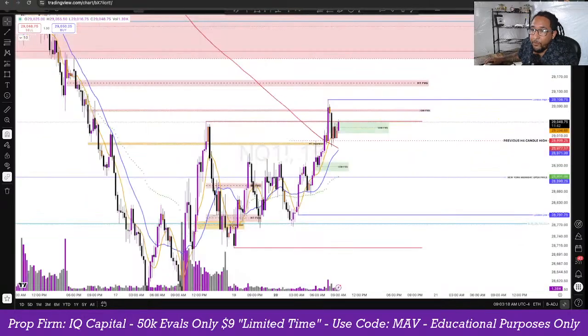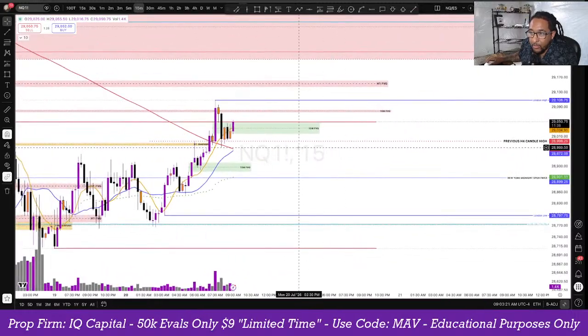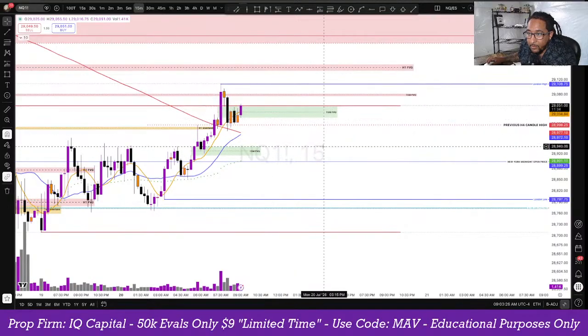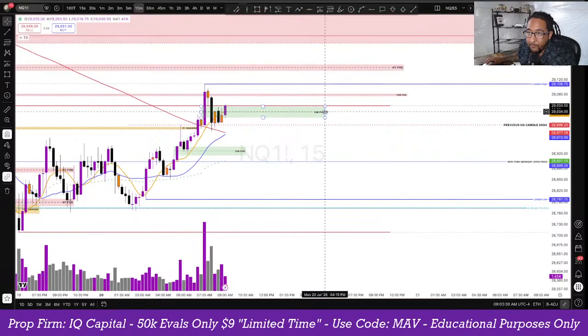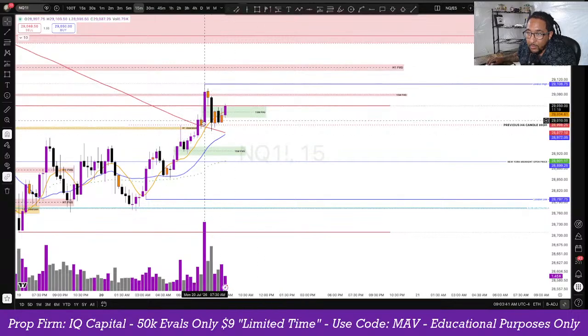So going even further down into the 15-minute chart, we're currently in a 15-minute fair value gap, which was inverse. So this was a bullish 15-minute fair value gap, which was created here between these two inefficiencies.